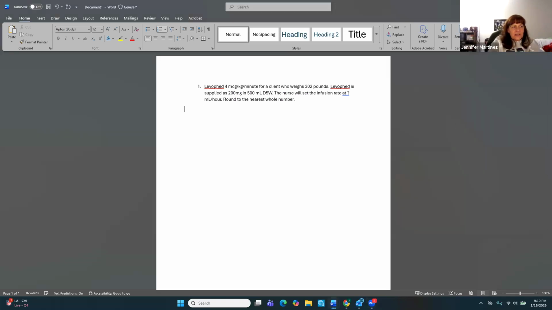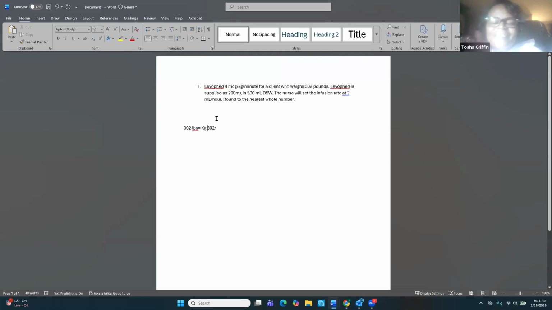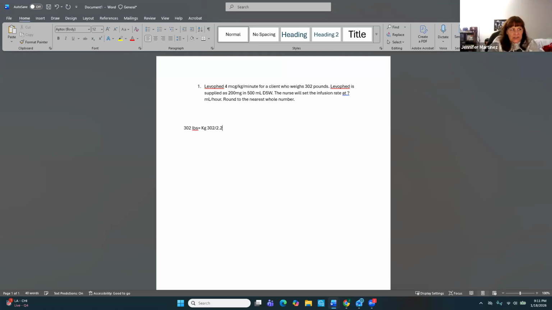All right, so the first thing we need to do is determine 302 pounds equals how many kilograms. In order to determine that, we're going to take 302 and divide it by 2.2.